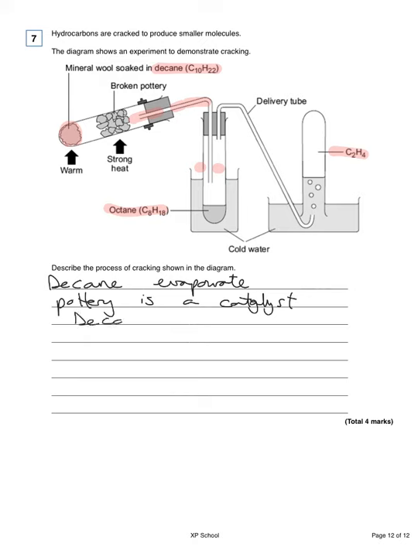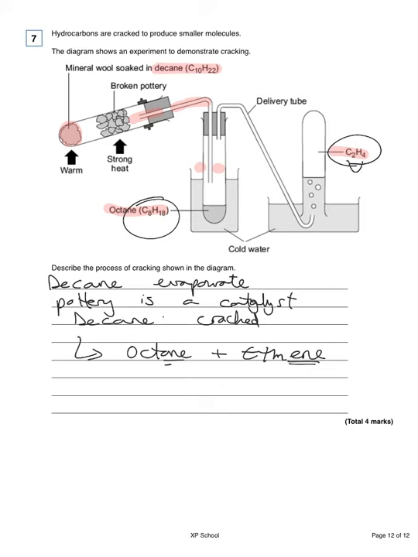The decane is cracked, and it's cracked into octane and ethene, because notice that's a double bond. This is called thermal decomposition, because heat. Thermal decomposition, it's broken down.